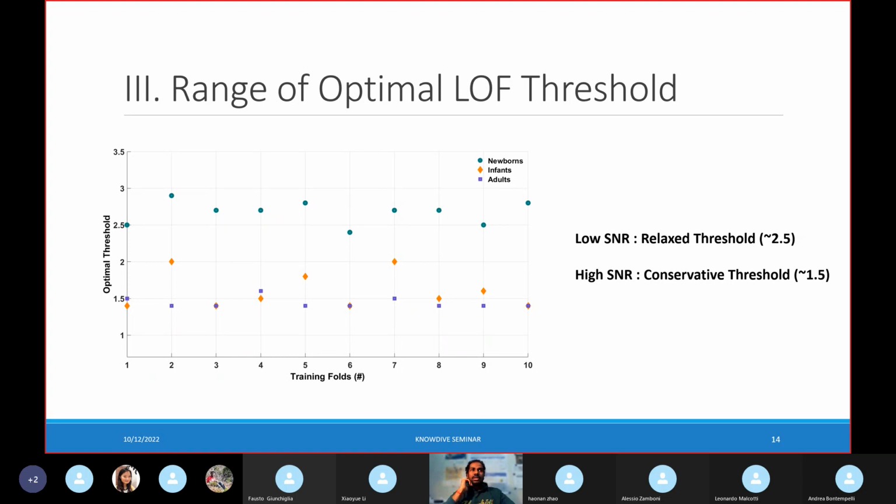And since the inherent signal to noise ratio is low, a relaxed threshold was found to be optimal, around 2.5. Whereas if we go for adult EEG, who are very calm when the EEG is being recorded in the lab, the LOF threshold is around 1.5, which is very conservative.